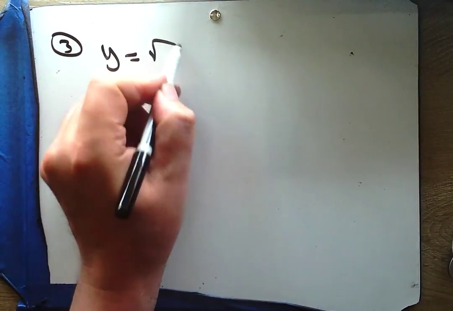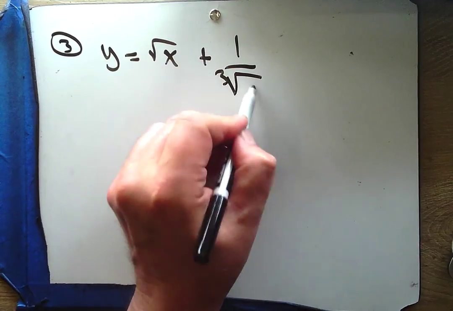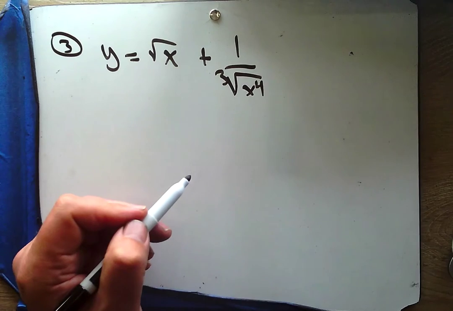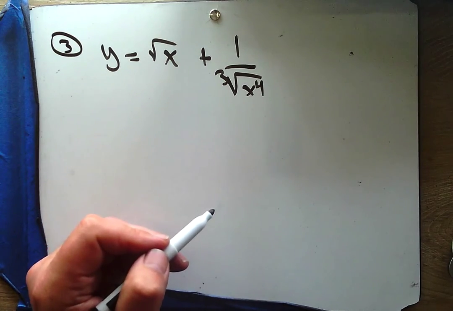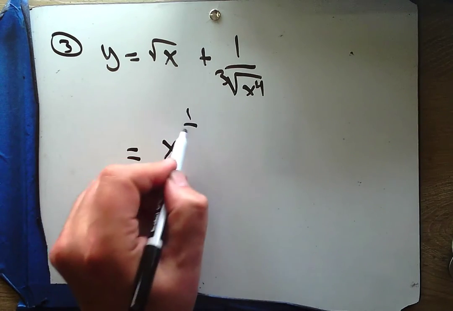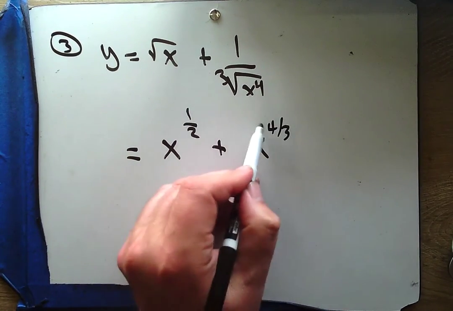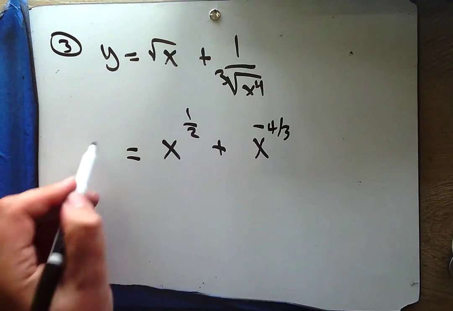y equals square root of x plus 1 over cube root of x to the fourth. Remember how in pre-cal I said I'm not really fond of radicals? Yeah, I'm not really fond of radicals. x to the 4 thirds, and that's a negative because it's in the denominator.